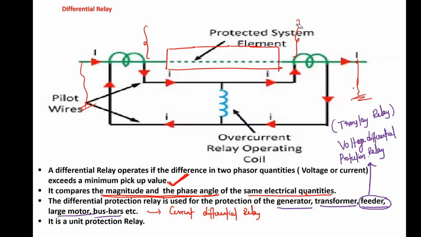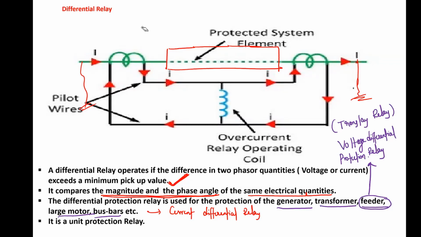Understand? So what are the three important points which you have to remember? In a differential scheme, the comparison is made between two current phasor quantities or two voltage phasor quantities. It compares both magnitude and phase angle and makes the decision. If the difference between the two phasors exceeds a pickup value which we set, then the relay will trip.